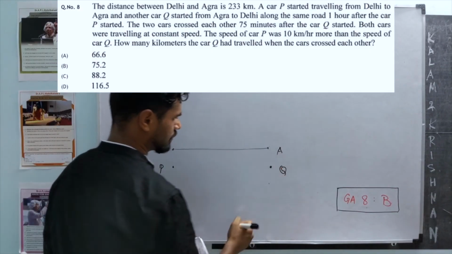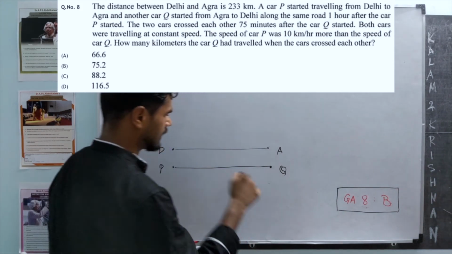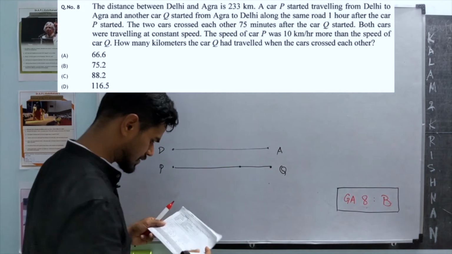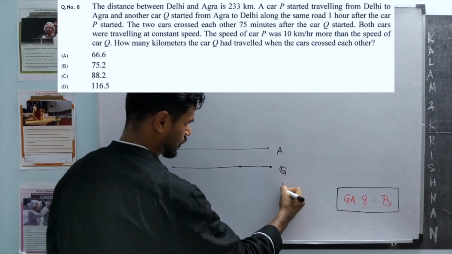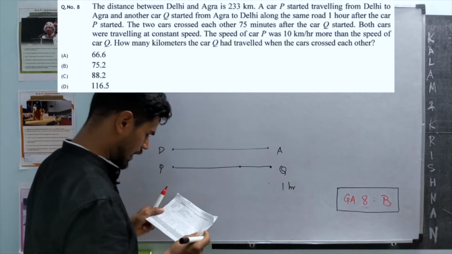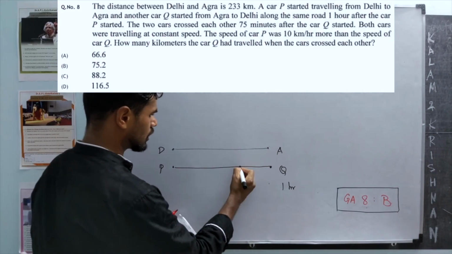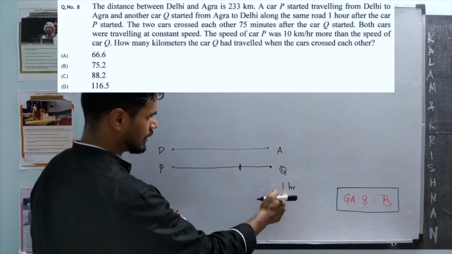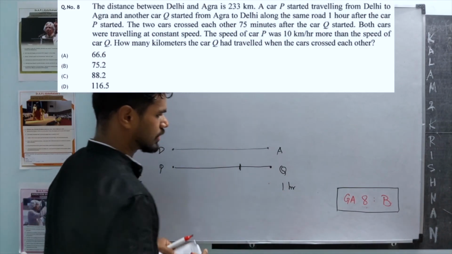Car Q starts from Agra, goes towards Delhi, and they meet somewhere. They travel on the same road, and they meet somewhere along the road. So Q starts 1 hour later, and they meet somewhere over here. They meet 75 minutes after Q had started.